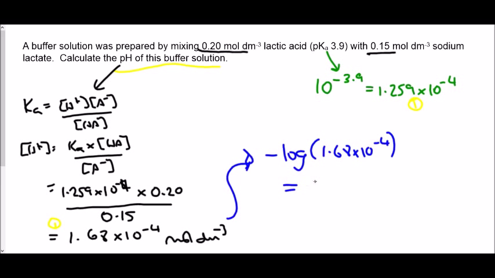Which gives us a pH of 3.78, which would be an extra mark on a mark scheme. Just remember, when you're looking at this type of question, even though it says sodium lactate, really what we're talking about is the lactate ion. The sodium is largely irrelevant to our question.